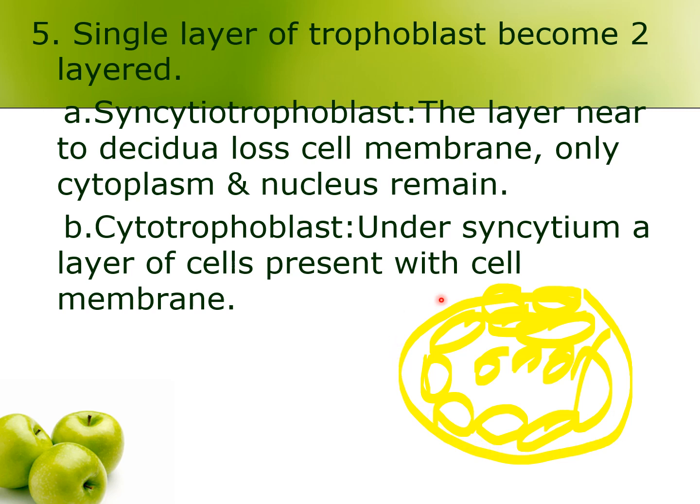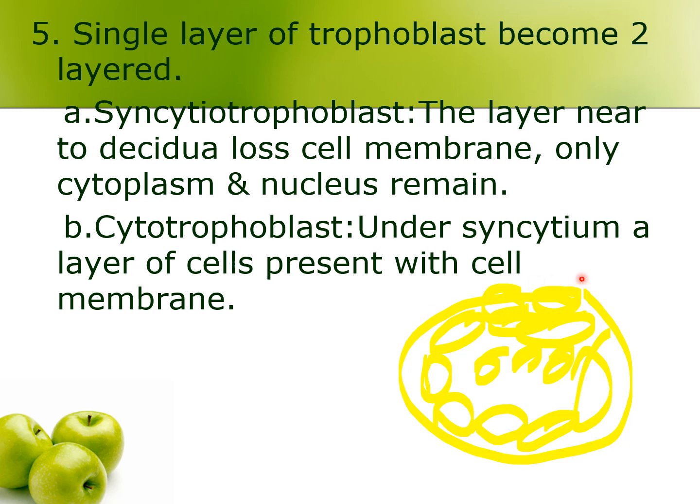These cells which are near to the decidua or the endometrium will later lose the cell membrane. The cell membrane will disappear, and only the inner cells, the cells of cytotrophoblast, will have the cell membrane.